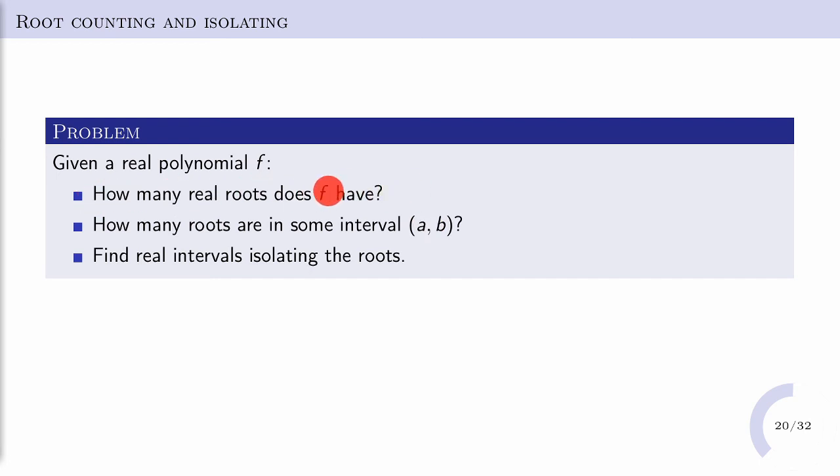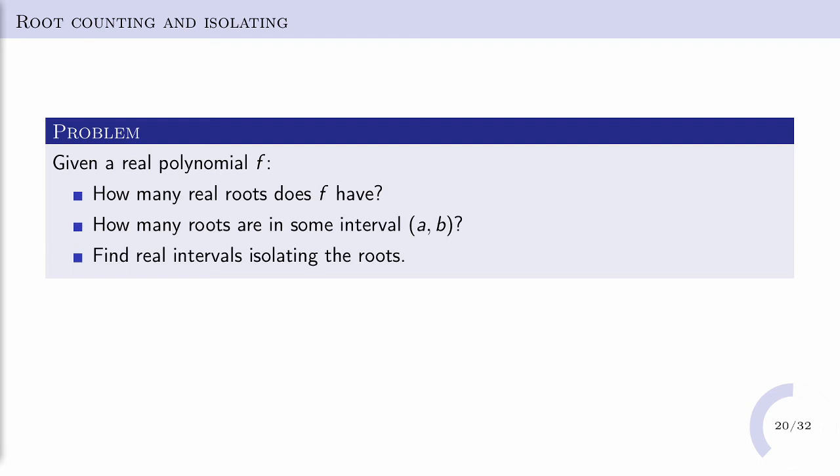So this is the question of how many real roots f has in total. Of course, we want to count these roots without finding them. And the second question is to find intervals such that every interval contains just a single root. So such intervals isolate roots of f.